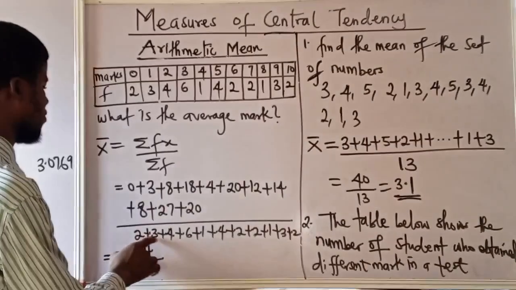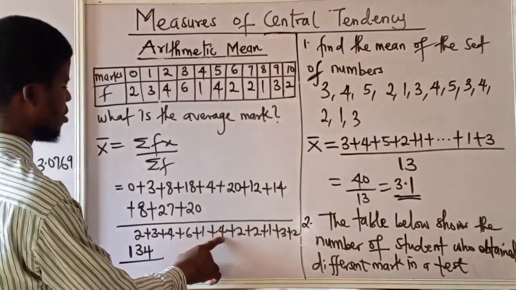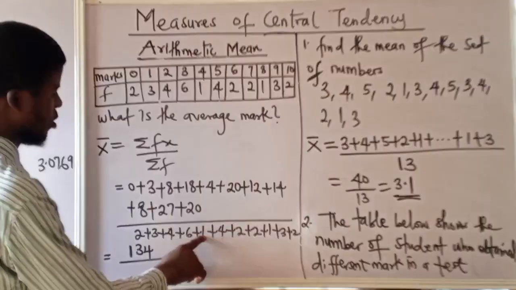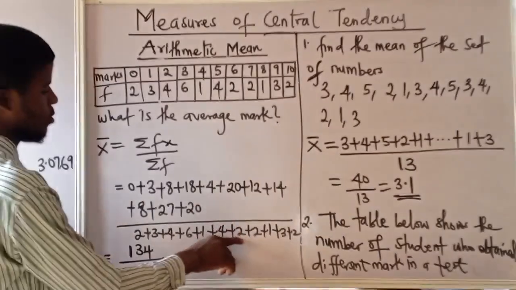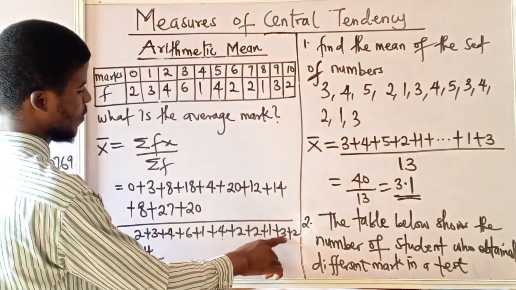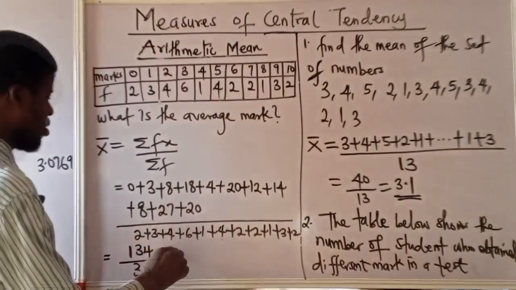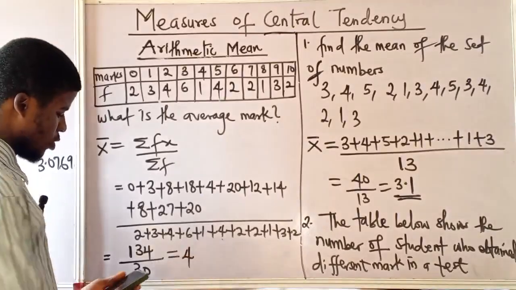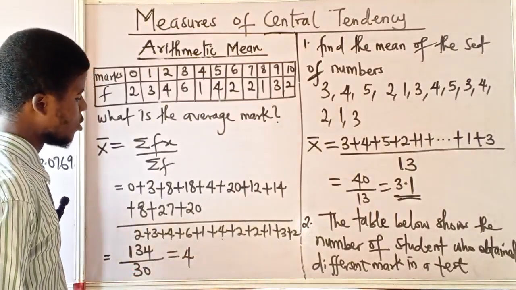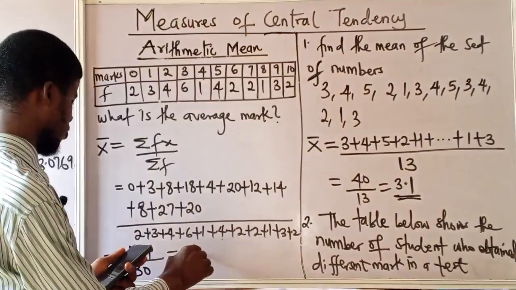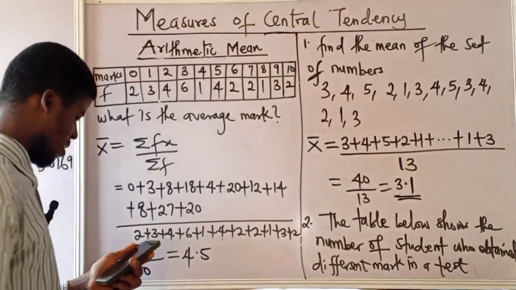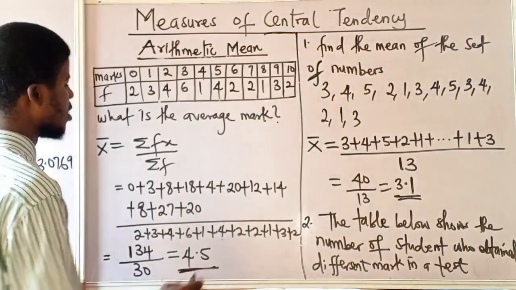This is another 10, that's 15. 15, this is 19, 20, this is 24, 25, 25 plus 5 is 30. That is equal to what? This is 4.466. So to one decimal place, it will be 4.5. This is the arithmetic mean.